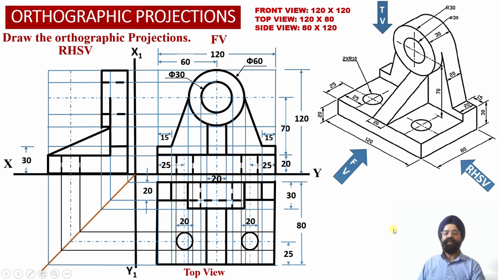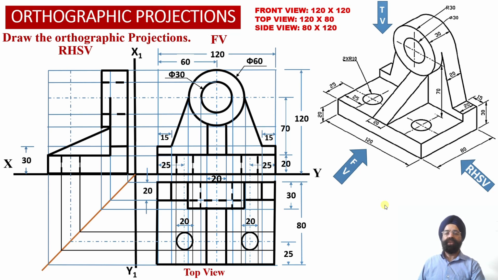So this way we have been able to obtain the front view, the top view, and the right hand side view orthographic projections corresponding to this engineering object, for which we had been provided with the 3D isometric projection construction view over here.